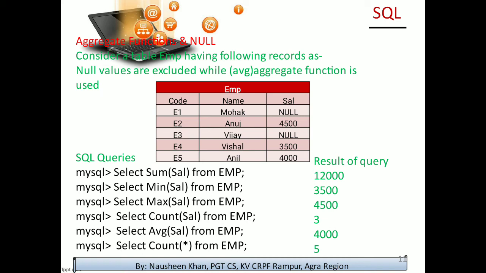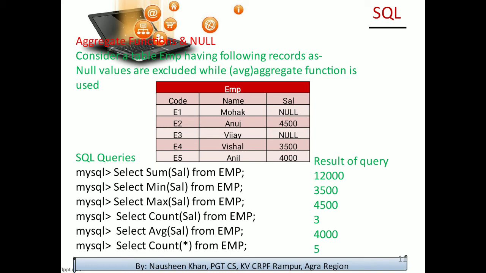Now see, in the last query, we have written select count(*) from EMP. In the previous query, we wrote select count(sal) from EMP and the result was 3. But if we write count(*) from EMP instead of count(sal), then asterisk means all columns.